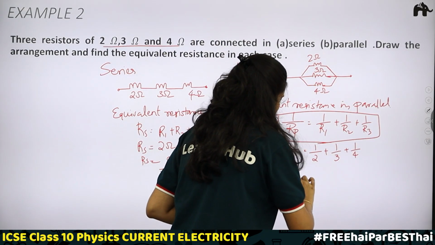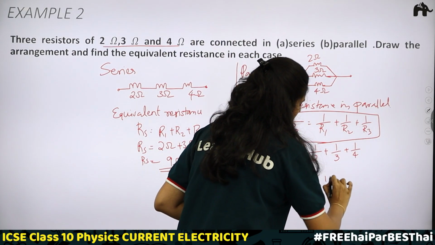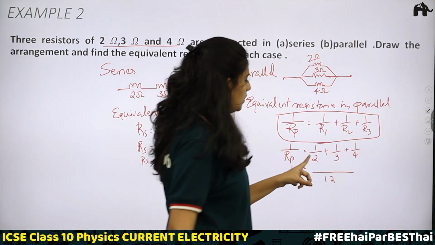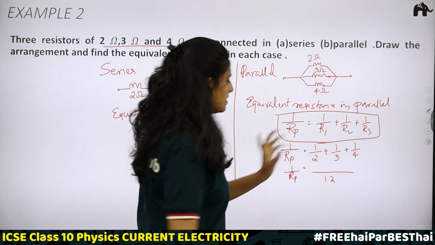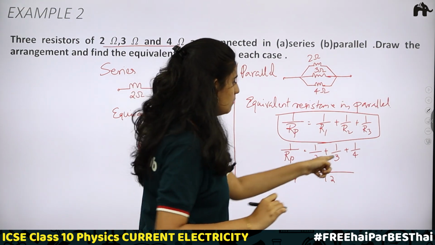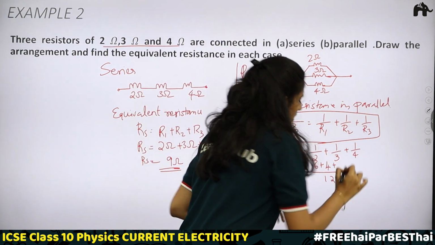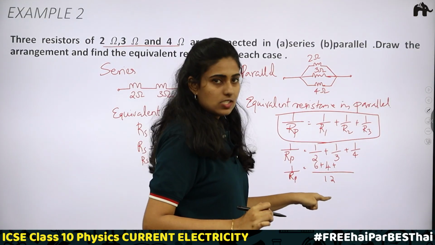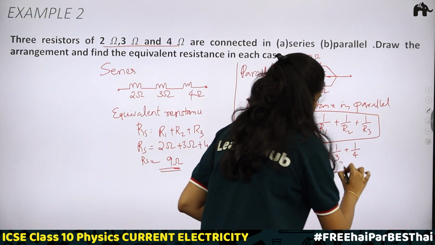Okay. 1 by Rp is equal to denominator 12. Numerator 2 into 6 is 12, 6 into 1 is 6, plus 3 into 4 is 12, 4 into 1 is 4, plus 4 into 3 is 12, 3 into 1 is 3.